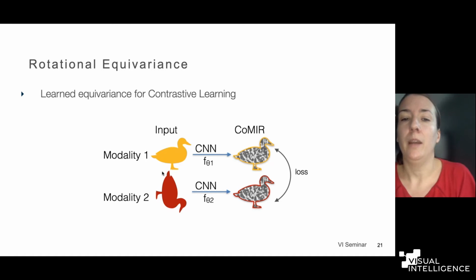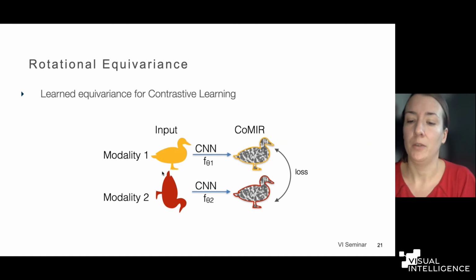And in that way, I managed to have my networks commute with the rotations quite easily without any additional hyperparameters that I need to take care of. And it's probably a less strong equivariance than if I have it by network design, but it is quite easy to implement and works very well when you have contrastive loss.